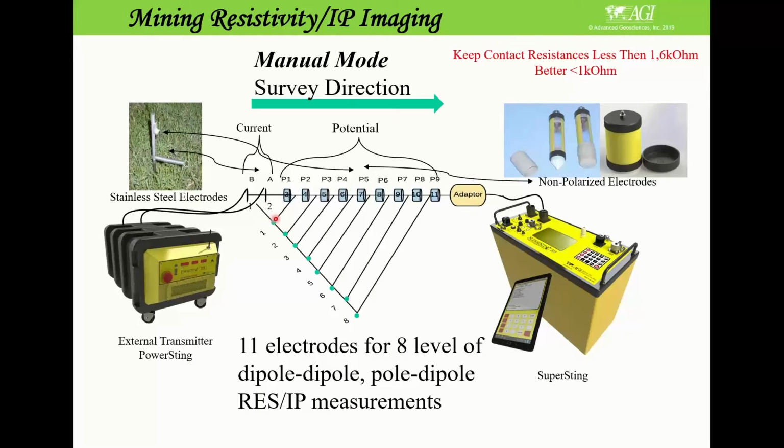I always mention in all my webinars that contact resistance is the key issue, not only for resistivity but also for resistivity IP. So we'll talk about this. But you change any parameters until you're satisfied with your measurement, then you move to the next one.